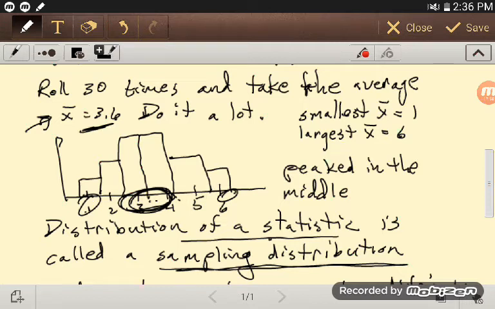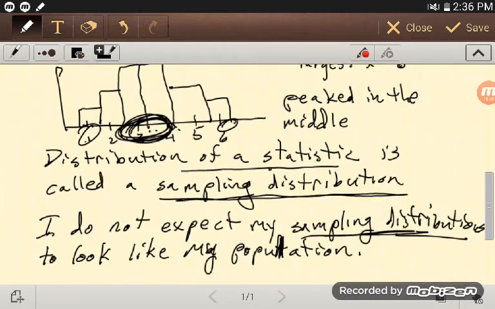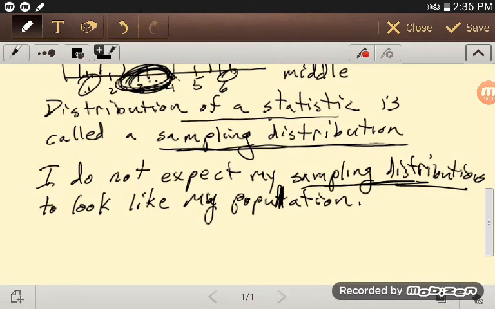Mostly I'll have numbers all over the place, but when I take that average, it will tend to be toward the middle. That's the whole idea. An average is a number of central tendency. And so a sampling distribution tends to look different than the population. And that, again, is a very important thing.